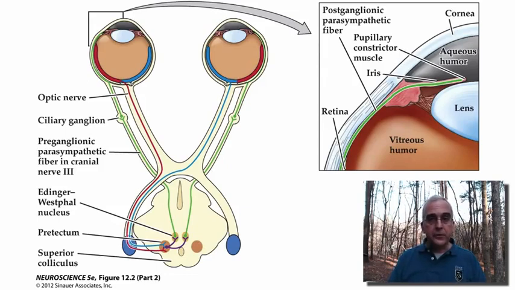So there's a rather circuitous route that the neural signals take to get out of the brain into that sympathetic chain of ganglia and then back to the iris. So just keep in mind for our consideration here that pupillary constriction is under the governance of the parasympathetic outflow through the third nerve, whereas pupil dilation is under the governance of the sympathetic nervous system.